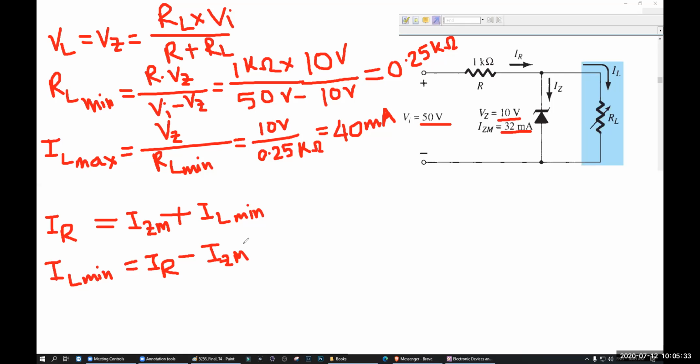Okay. So what is IR? IR is the ratio of voltage and resistance. What is the voltage here?